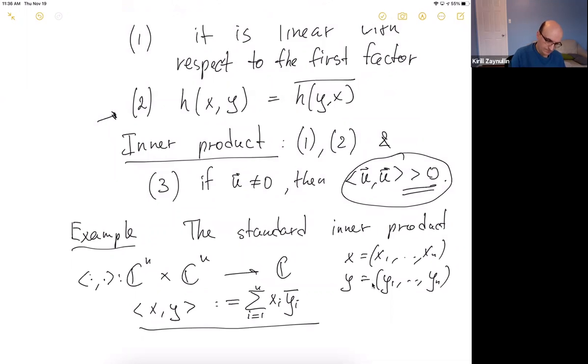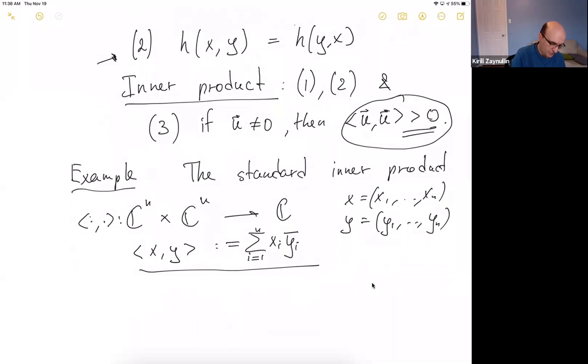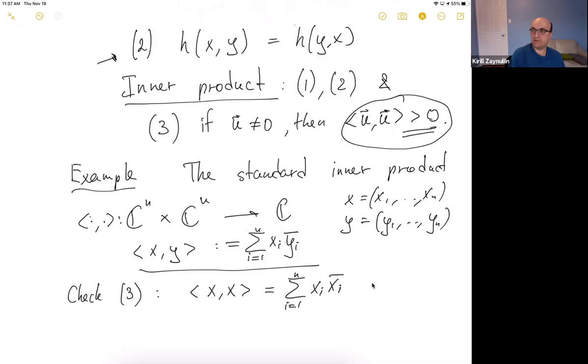Let me check condition 3 in this case. What will happen if we try to compute x comma x? By the formula, we will get a sum from 1 to n of xi times xi bar. Don't forget that each xi is a complex coordinate. If you remember, the basic property of the conjugate is that if you take a complex number and multiply it by its conjugate, you get the square of its absolute value.